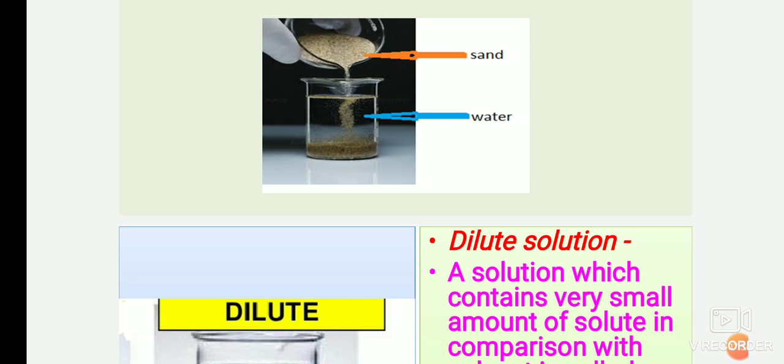That is, sand is present at the bottom of the beaker and water is above it. Means there are two phases. At the bottom there is sand and above it there is water.